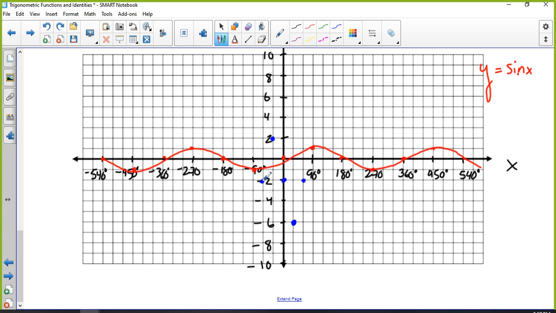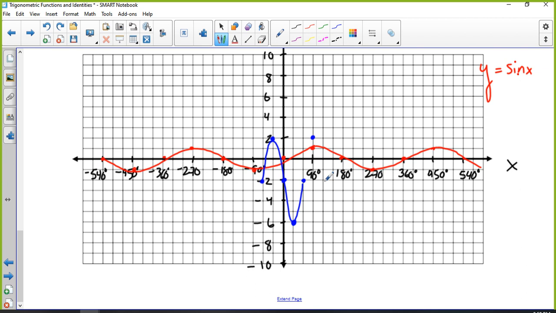So this is the graph. That's one cycle of the graph that I've just drawn right here. I have the 5 points visible. It shouldn't be a V shape like that, but rather kind of rounded. So that's one cycle. If I wanted to draw more than one cycle, I could just continue the pattern, right? So my next point would be up here.